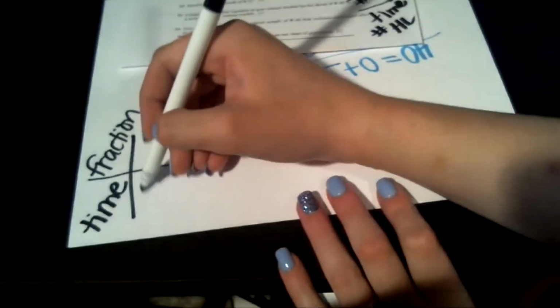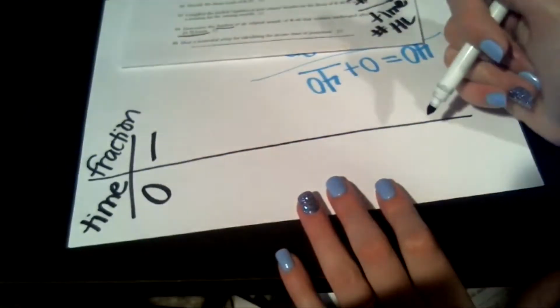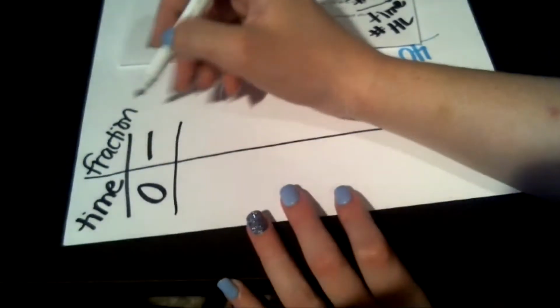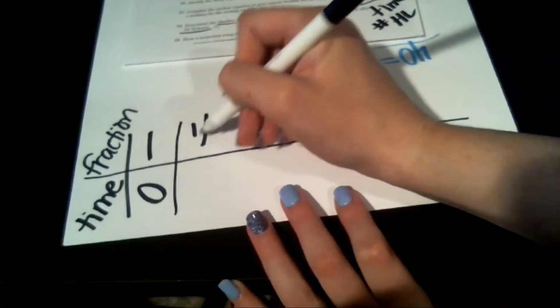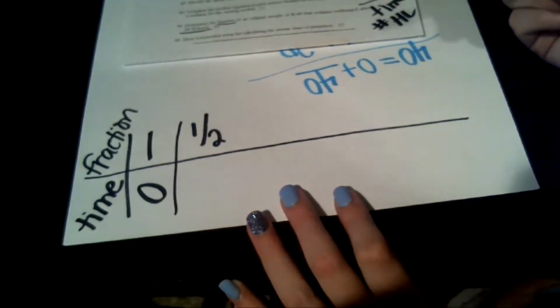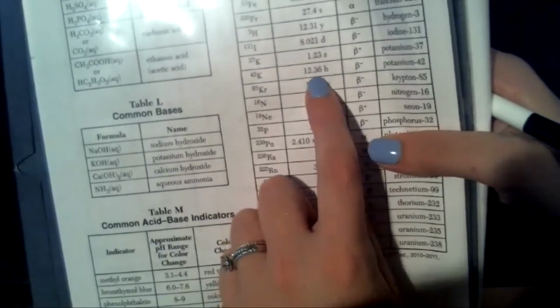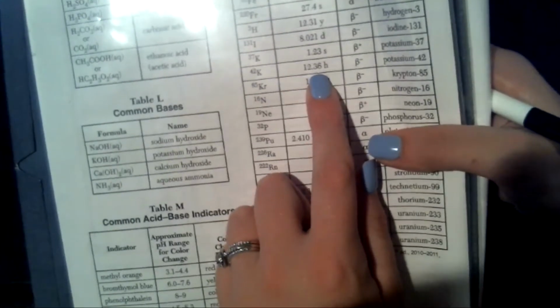So at time equals 0, I have 100% of my K42. 100% is represented by a fraction of 1 over 1. After 1 half-life, half of my sample is still going to be radioactive. And the length of a half-life of K42 is 12.36 hours.